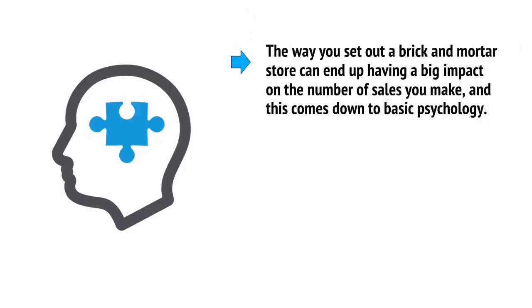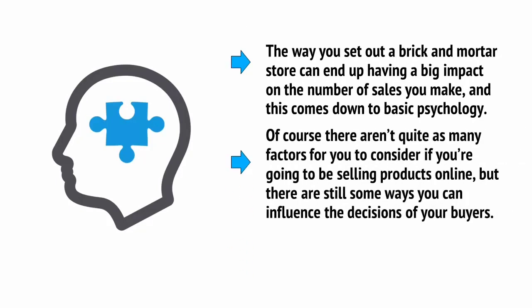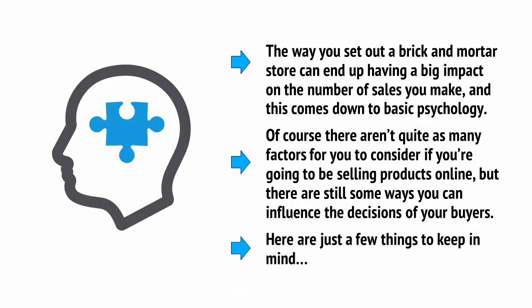In other words, the way you set out a brick and mortar store can end up having a big impact on the number of sales you make, and this comes down to basic psychology. Of course, there aren't quite as many factors for you to consider if you're going to be selling products online, but there are still some ways that you can influence the decisions of your buyers. Now, here are just a few things to keep in mind.